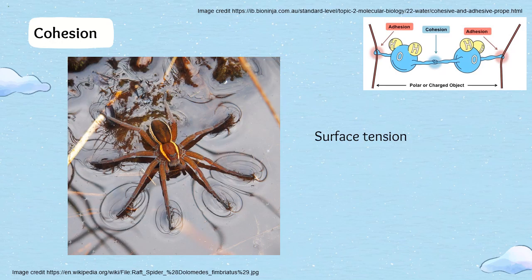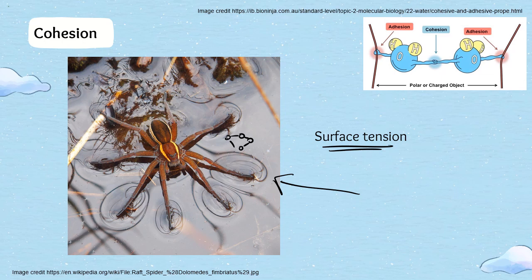Cohesion also results in forces of attraction between water molecules on the surface of a body of water. We call that surface tension. Surface tension is that force of attraction between water molecules at the surface. It allows things like this spider to literally walk on water.